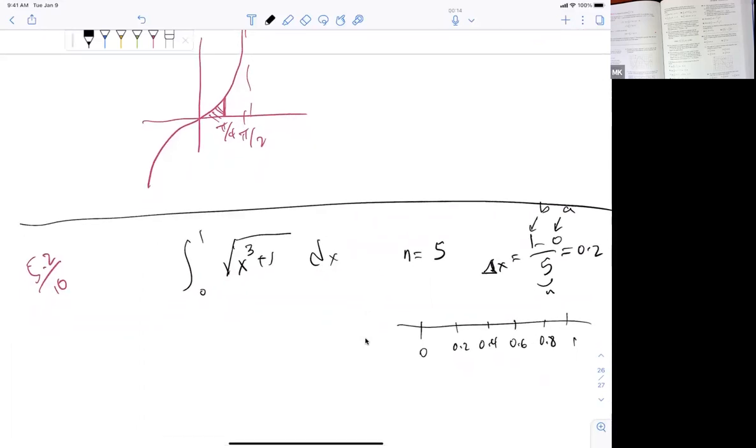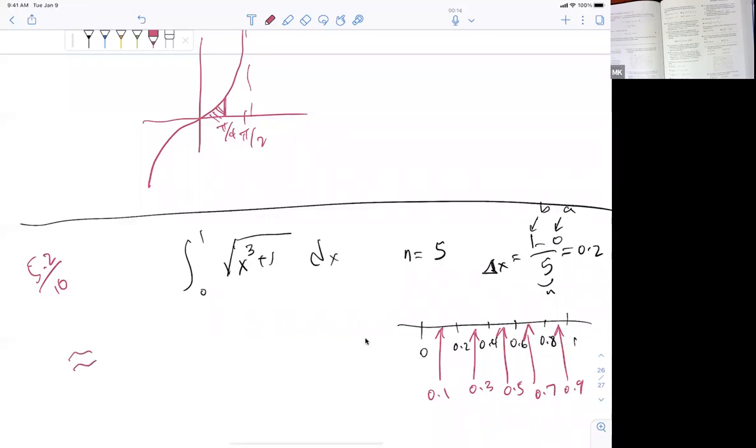So the midpoints that you're going to be using are 0.1, 0.3, 0.5, 0.7, 0.9. So this integral is going to be approximately f of 0.1 plus f of 0.3 plus f of 0.5 plus f of 0.7 plus f of 0.9, all times the length of each interval, which is 0.2.